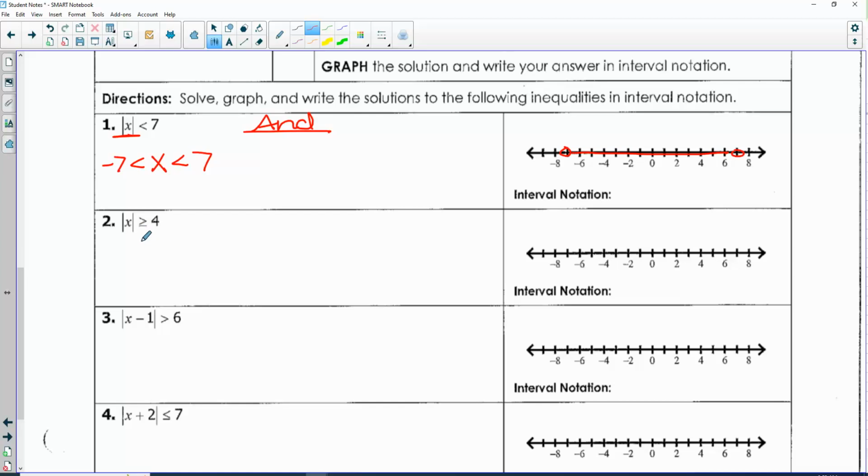When it is an or, I want you to write down or so I know you're thinking about it. Less than is an and, we make one compound inequality. When it's greater than, when we graph it, it's two separate ones. So we are going to write two separate ones.